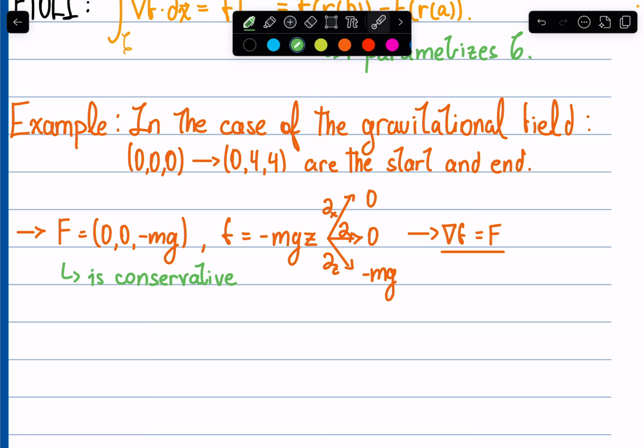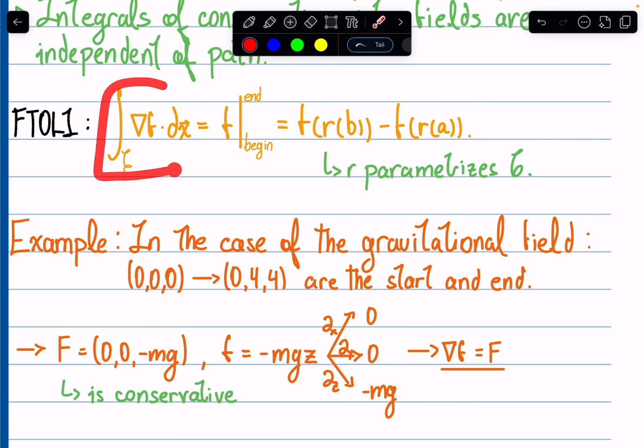As such, the integrals which we calculated before were from paths between the origin and 0, 4, 4, but applying the fundamental theorem of line integrals, we may just evaluate the potential function at the end point and the potential function at the starting point, and then subtract them.